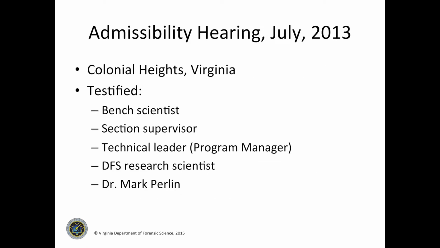The admissibility hearing that I keep referencing was in Colonial Heights, Virginia. It's a small little community about 45 minutes to an hour south of Richmond. In this admissibility hearing, the bench scientist who developed the DNA profiles testified to her findings.